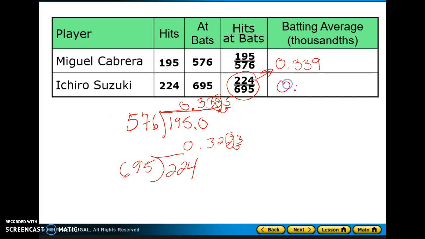It stays the same. So when I compare these numbers, good old Miguel Cabrera, even though it looks like he has less hits, he has a better average. So I would want to choose Miguel Cabrera. And that's how we can convert fractions to decimals simply by dividing. You divide the numerator by the denominator, the top by the bottom. Okay? So we want to divide.